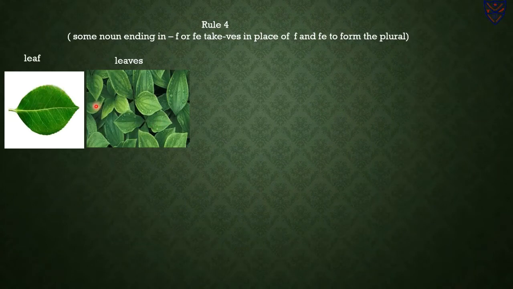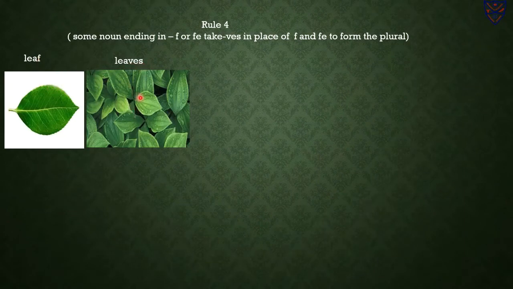Leaf means one, singular, and leaves means many, it's plural. So at last f is there, at that time we have to cut f and add ves to convert singular into plural.